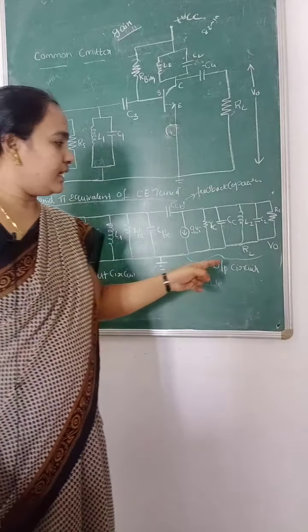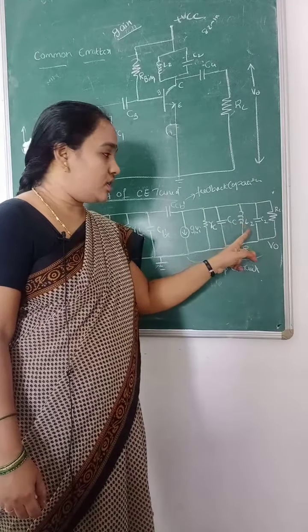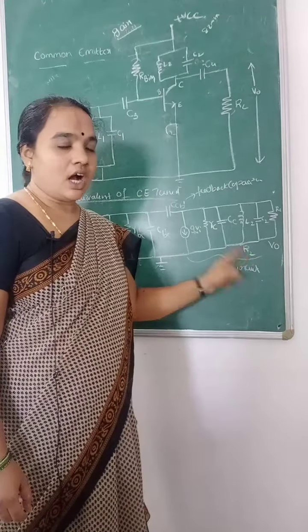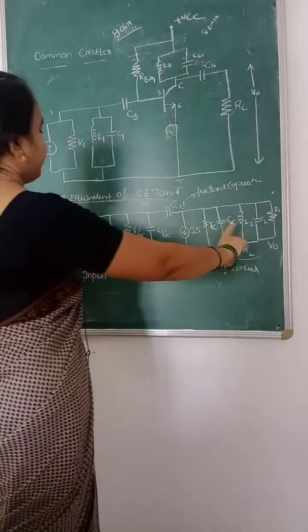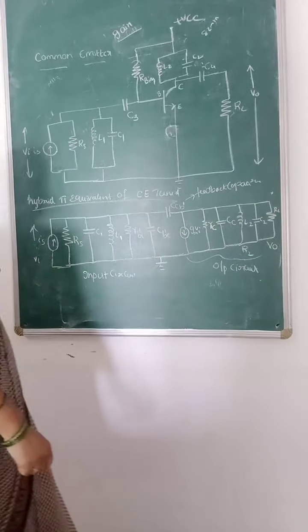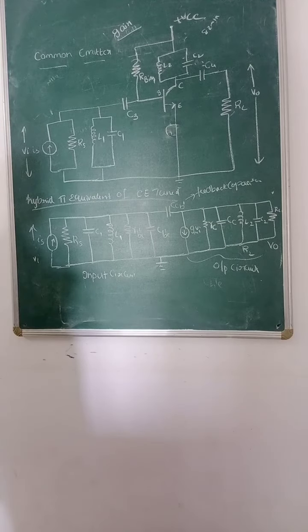Here we assumed that this inductance will also have the resistance R2. So this is the total hybrid pi equivalent circuit of a common emitter tuned amplifier.